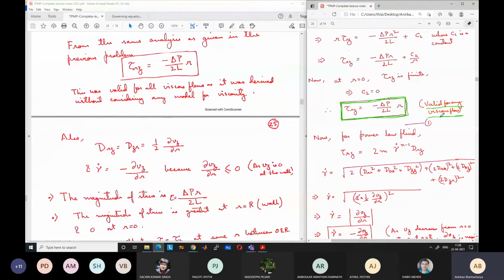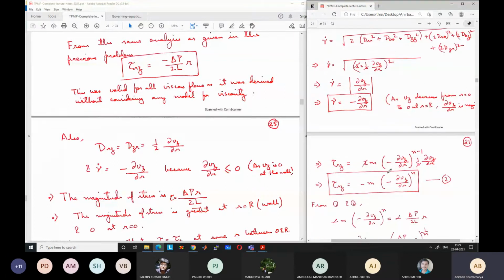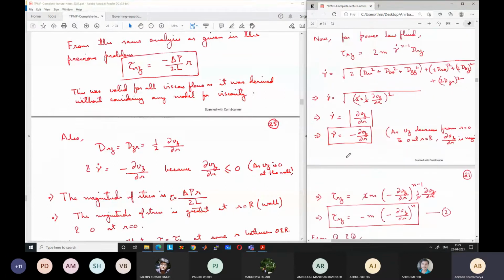You can do the same derivation and you will find that tau rz is equal to minus delta p by 2l r. The other thing that we had obtained without assuming anything else was that nu dot is equal to minus del vz del r.